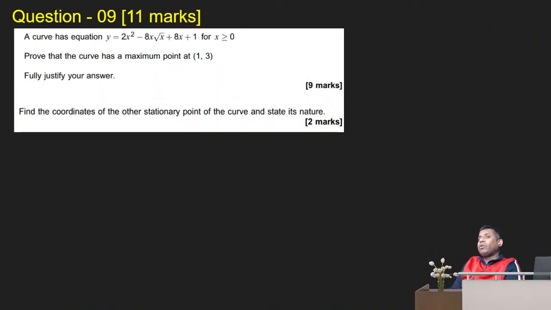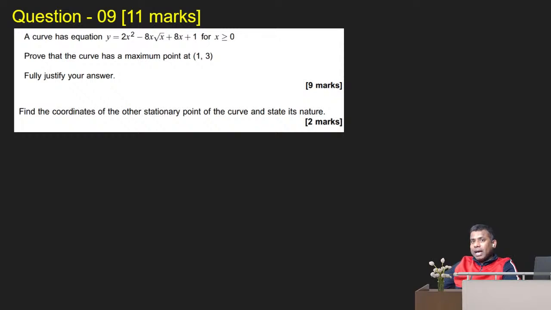Right now we are going to question number 9. You can see the level of the marks. This is not an Excel paper; I believe it's an AQA paper. A curve has an equation given, x is greater than 0, and prove that the curve has a maximum point at 1, 3.